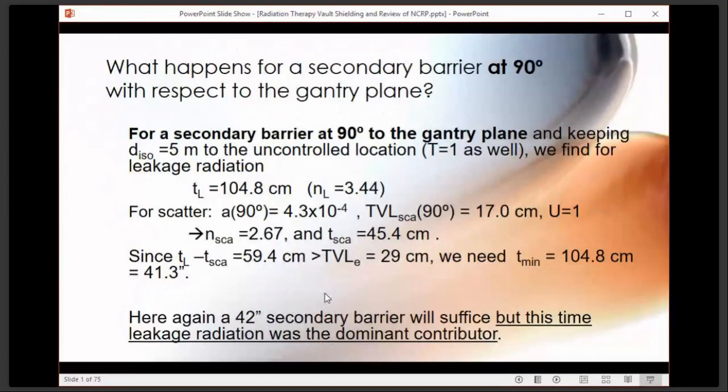And the main difference here in this particular barrier is that it's determined by the leakage radiation, whereas the other secondary barrier, right off the primary, had its total thickness determined largely by the scatter radiation contributing significantly.